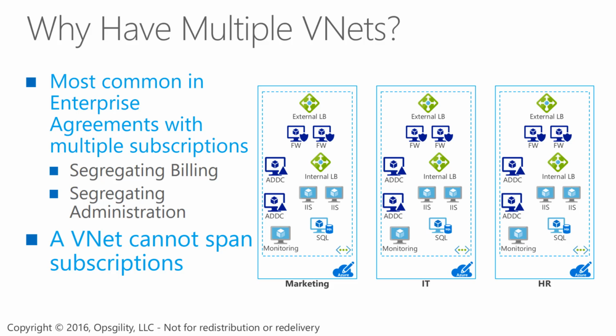In some cases, there is one or more subscriptions assigned to each business unit or department in the organization. This separation allows for easier segregation of costs and management responsibilities. However, a virtual network cannot span subscriptions, so it becomes necessary to connect multiple virtual networks together.